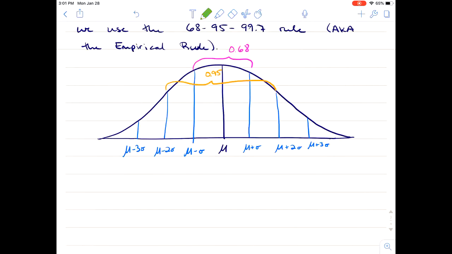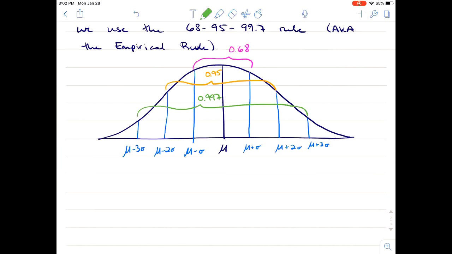And then finally, 3 standard deviations, 0.997. I've been drawing these tails, they look huge, but they're not actually. Because the same way that we found the area in the tails from 0.68, we can do the same thing for 0.997. So between here and here, we've got 0.997.